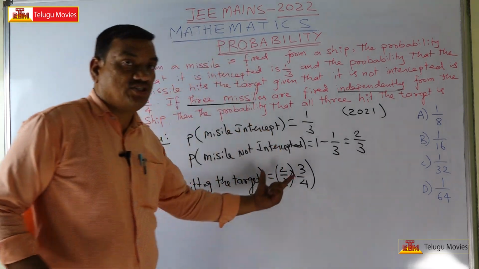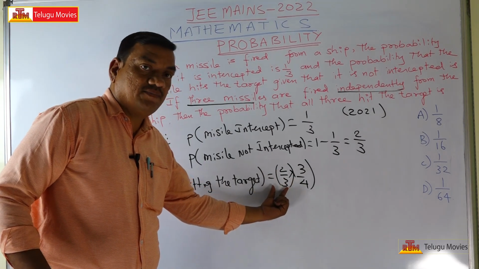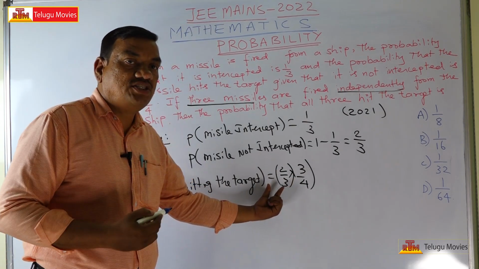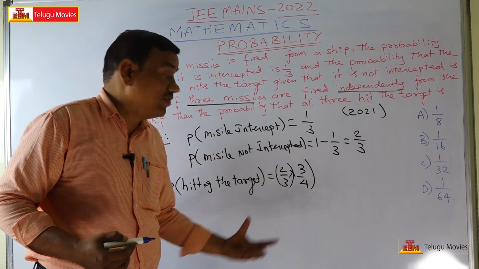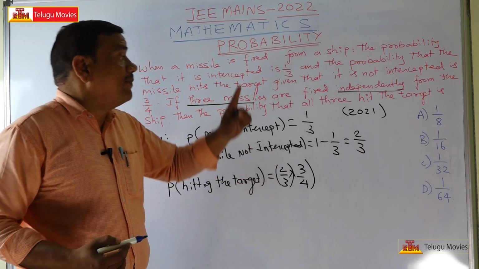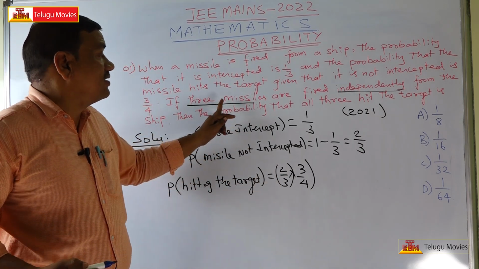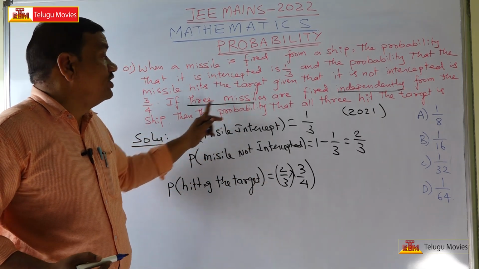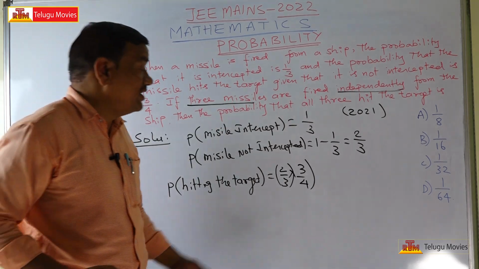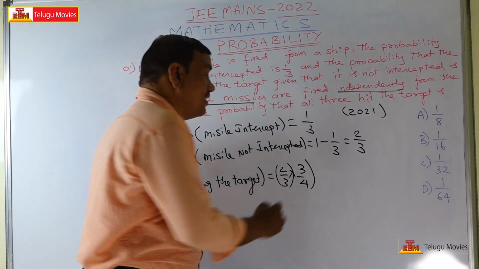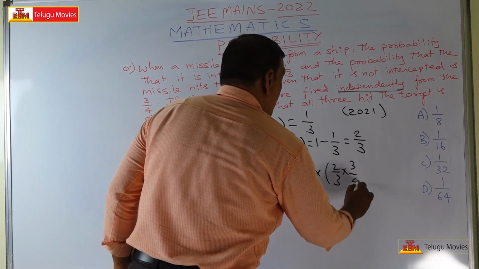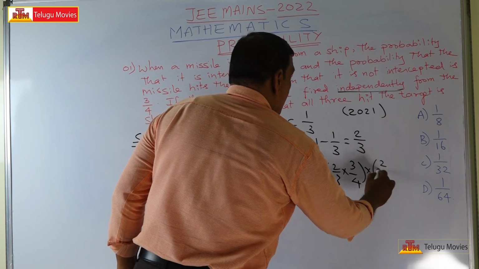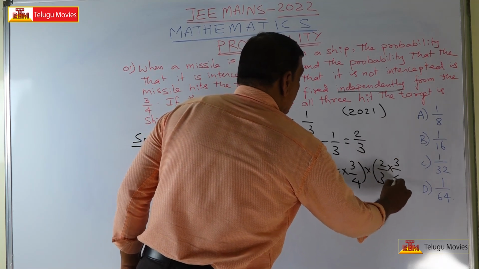This is for the first missile, that it is launched successfully and hits the target. Such missiles, 3 are fired. So for the second missile, 2/3 into 3/4, and for the third missile, 2/3 into 3/4.